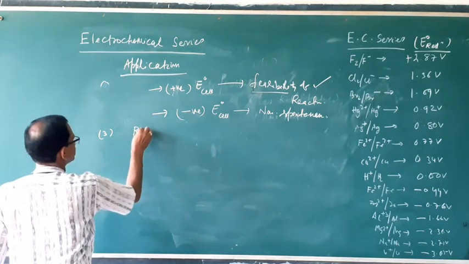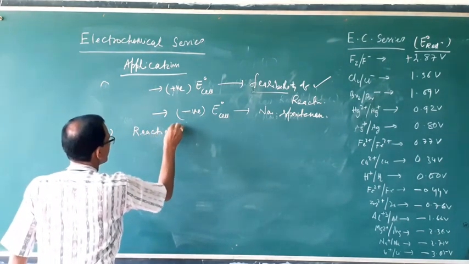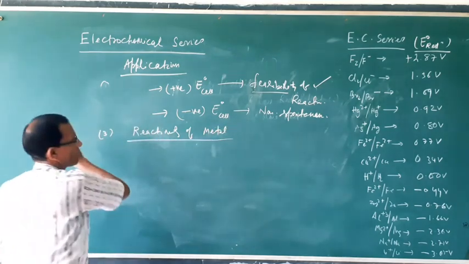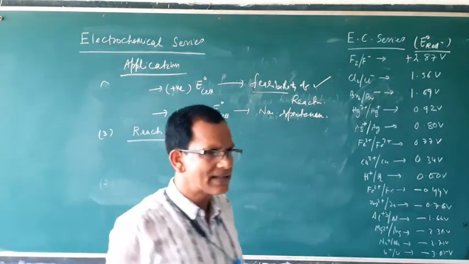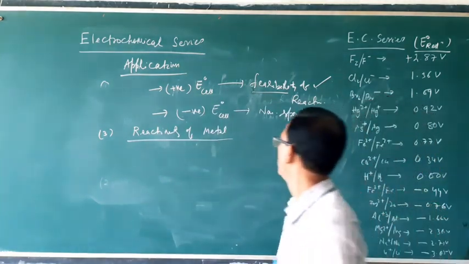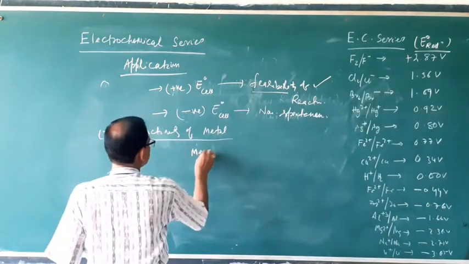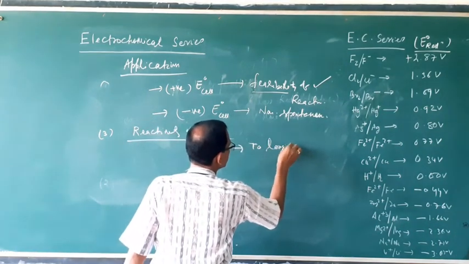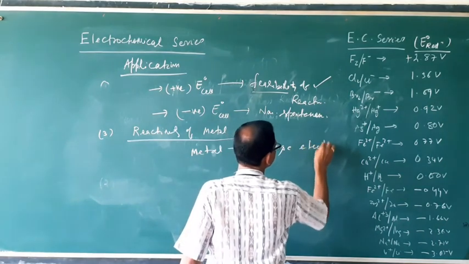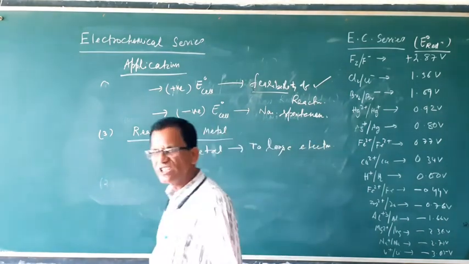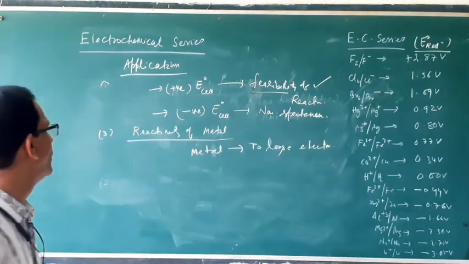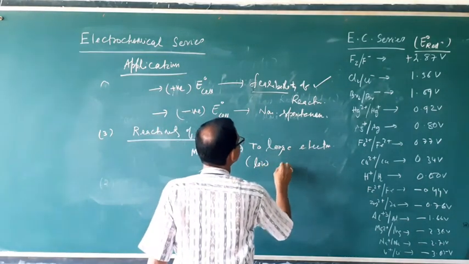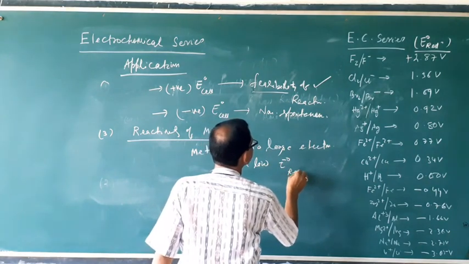reactivity of metal. We know metals have a tendency to lose electrons. Metal means it has a tendency to lose electrons. To lose electrons means low reduction potential, low E0 reduction.